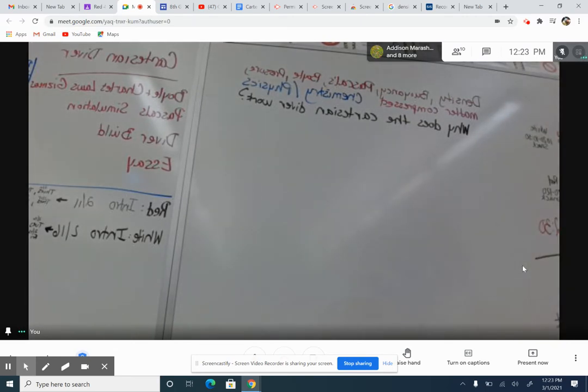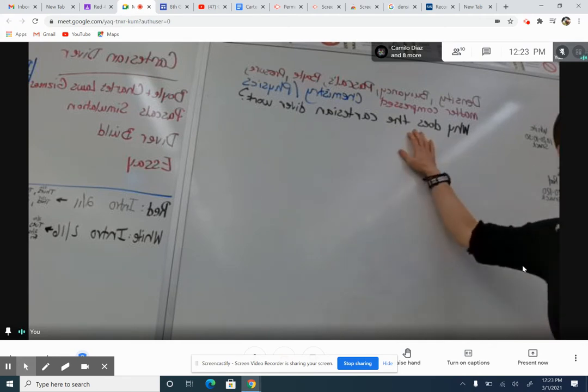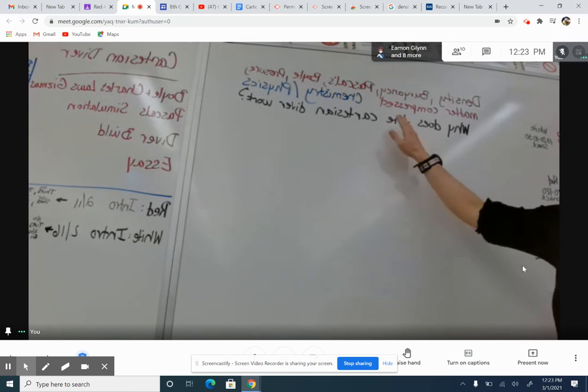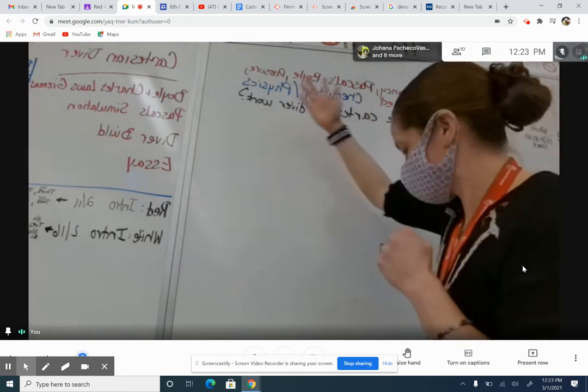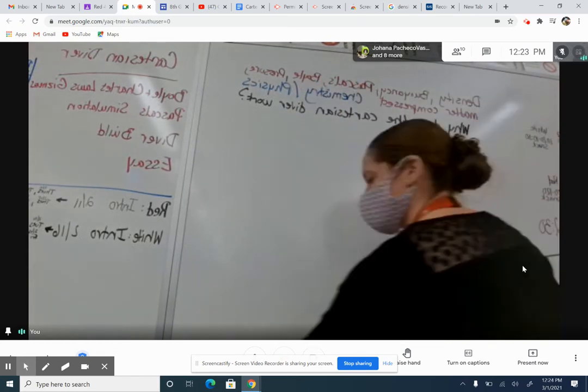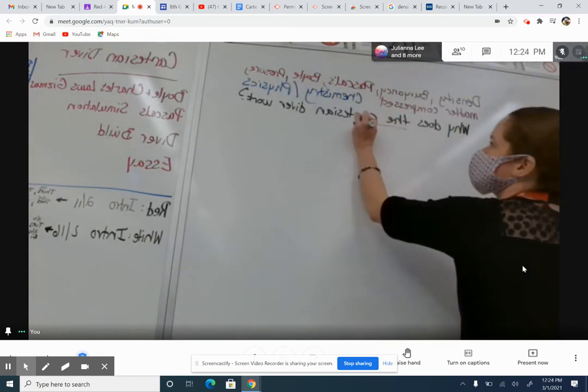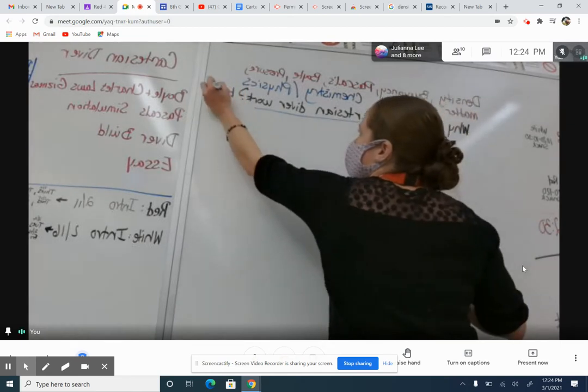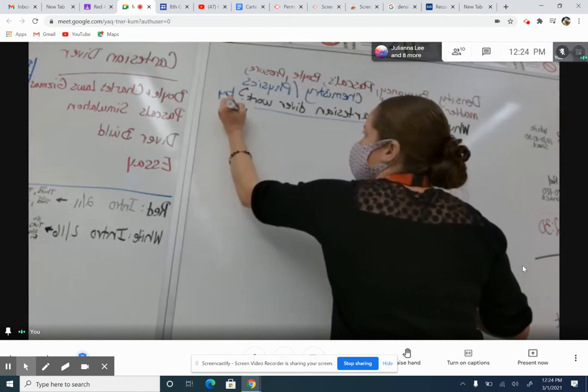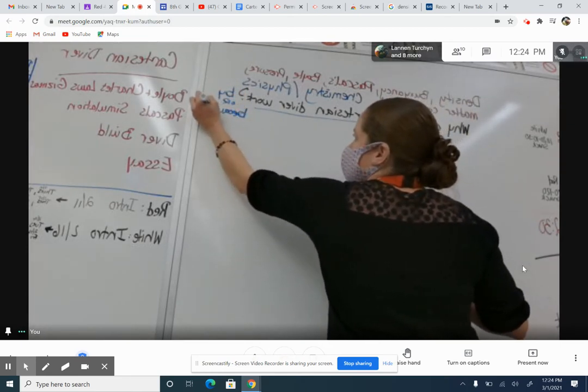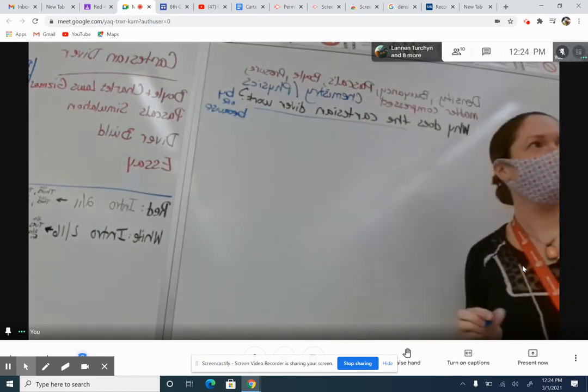So we are going to reword the question and then include the answer in it. So how would I reword this question? The Cartesian diver works by or because. Okay, right?